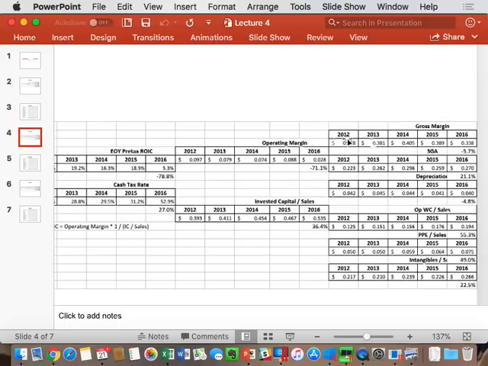What about the second level? Somebody else. Why did this operating margin get so bad? What happened on their income statement that caused the operating margin to get so bad? These three items. Because remember, this minus this minus this is this. Yeah.